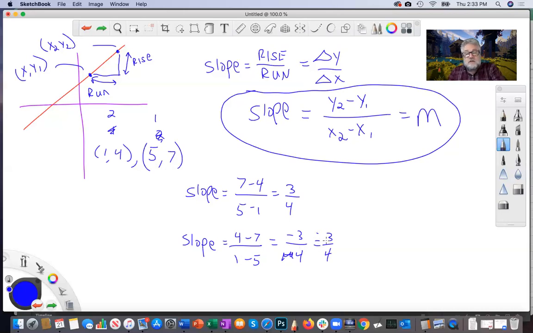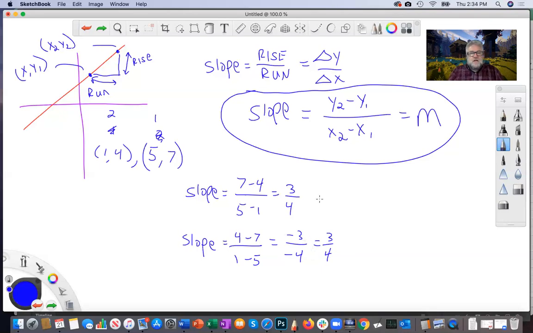Well, that is not correct. It is not -3/4, it is positive 3/4. I always look to the y coordinate and I pick whichever one has the biggest y coordinate, I make that point 2. So that at least I know I'm eliminating a negative in the top. You might get a negative in the bottom. You can't do anything about that. That's the way it goes.